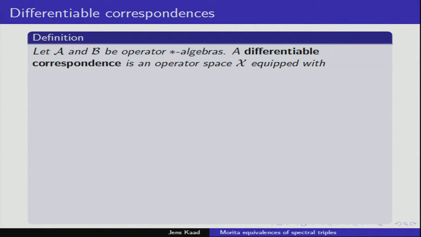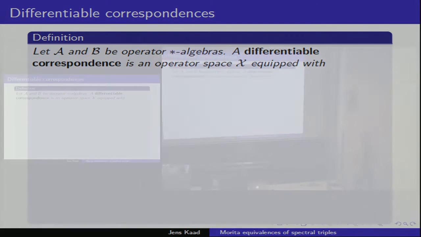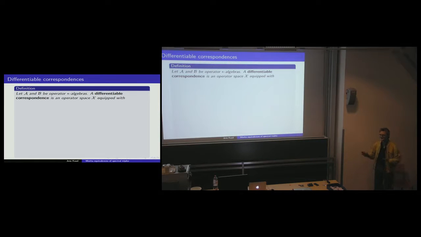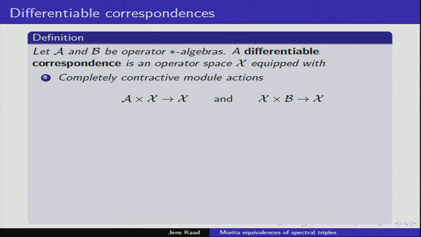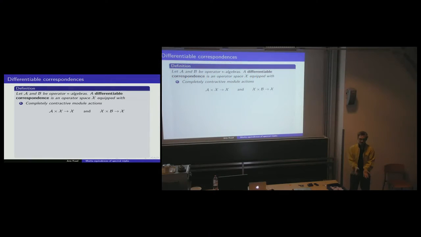So I'm sorry, there's a lot of things that I have to go through in order to get to my main result. But I hope you can hang on as long. Okay, so what is a differentiable correspondence? Again, it's an operator space, so it's a closed space of bounded operators. And then it's a bimodule, so there's a left action of A, there's a left action of B. These actions extend to n by n matrices, and all of them have to be contractive.